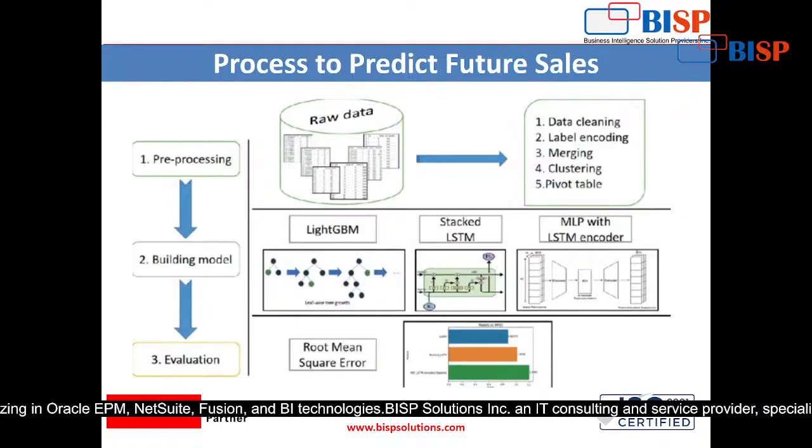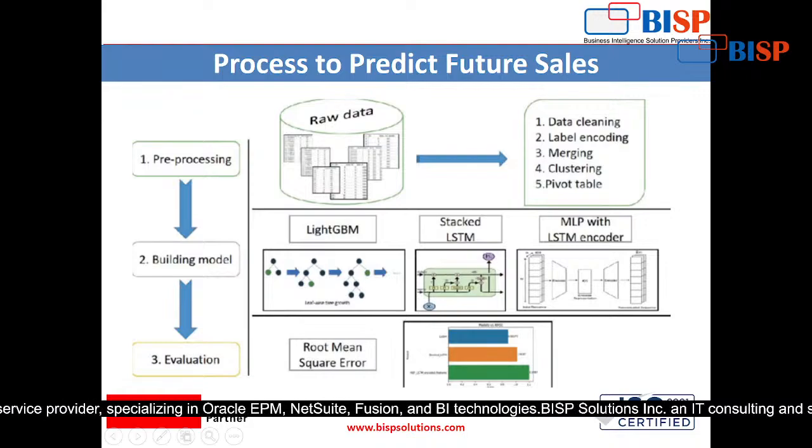Now see here, process to predict future sales. First of all, you get the raw data, then data cleaning, label encoding, merging, clustering and pivot table, right? These are the techniques with the help of which we predict the future sales. Pivot table, those who are expert in Excel sheets, they use pivot table techniques.